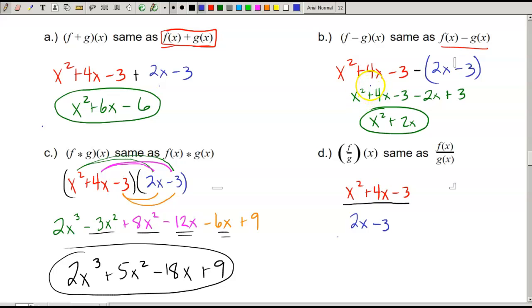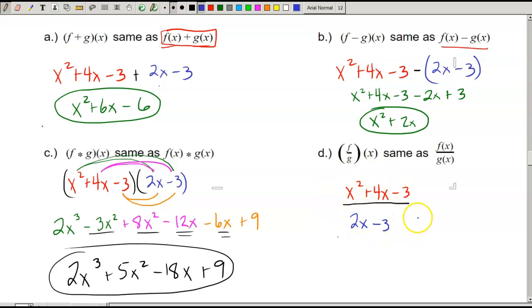One thing that we will learn later on is, if this top part could be factored, which it cannot be, we would try to factor that, and that might allow us to cross some things off here.